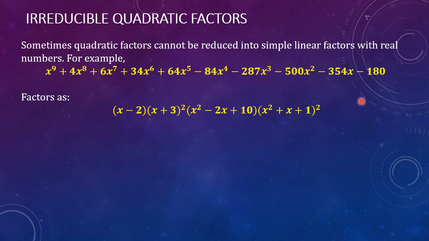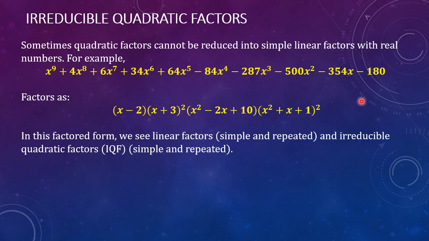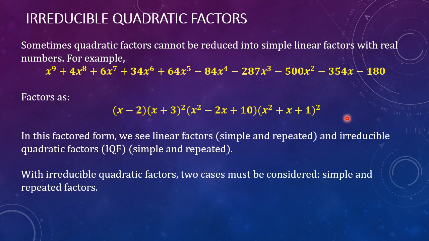So here we have quite a complicated partial fraction, if you will. In this factor form, we see linear factors, both simple and repeated, and irreducible quadratic factors that I'm labeling IQF, both simple, the first one without an exponent, and repeated when there's an exponent on there.